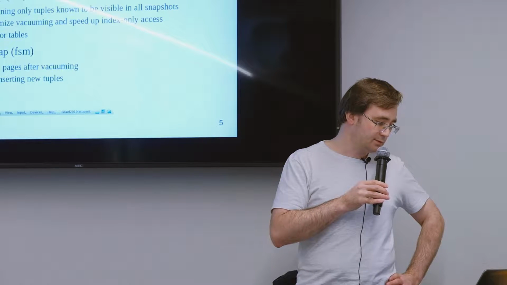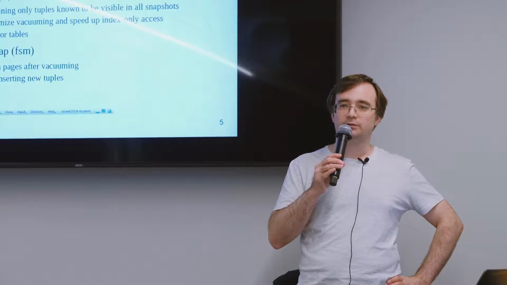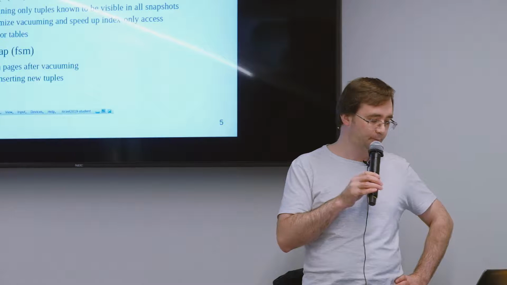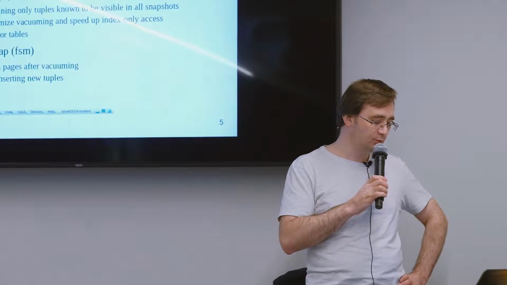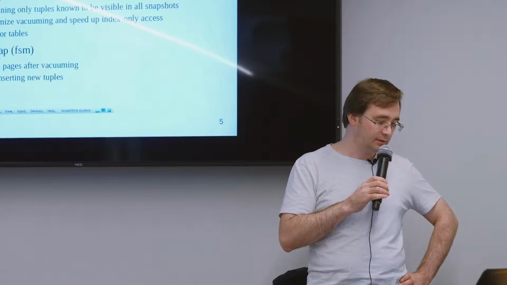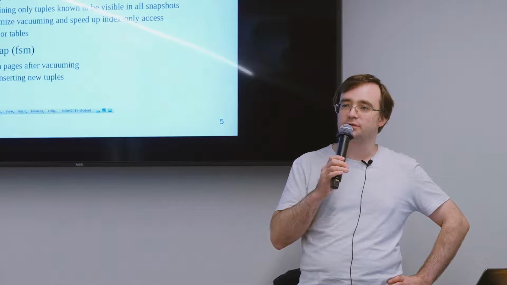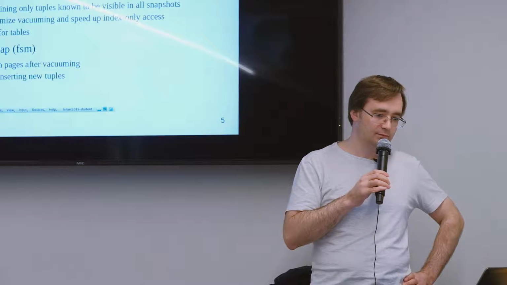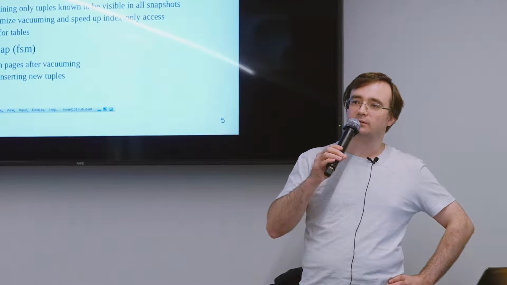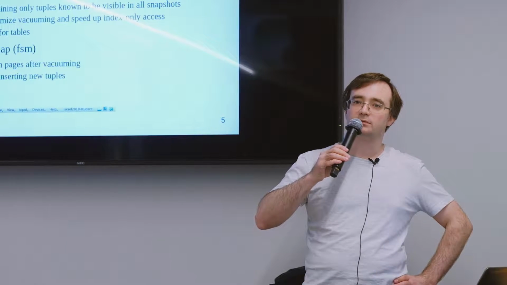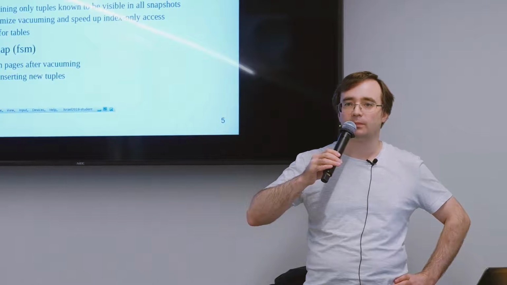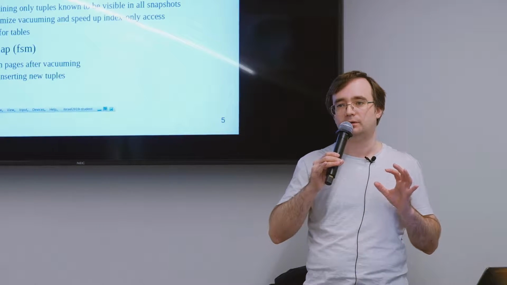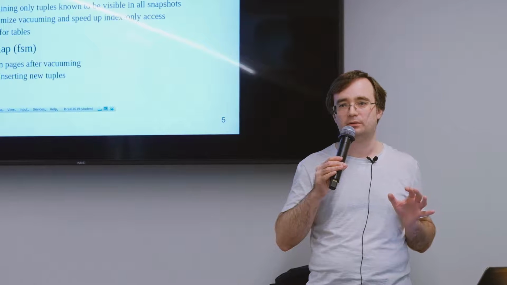And there is the visibility map fork, the VM fork. This fork keeps track of pages which contain only row versions that are seen in any snapshots.